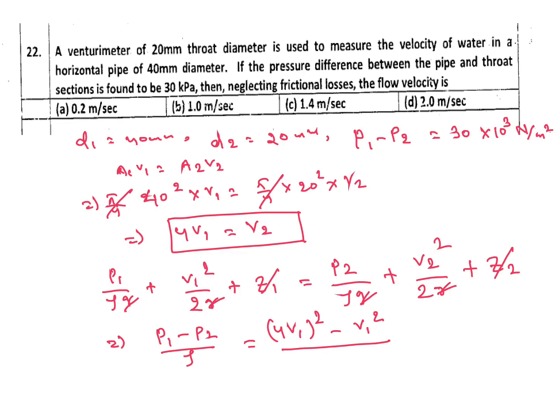So it's 15 V1 square by 2. So we got P1 minus P2 by rho equal to 15 V1 square by 2.